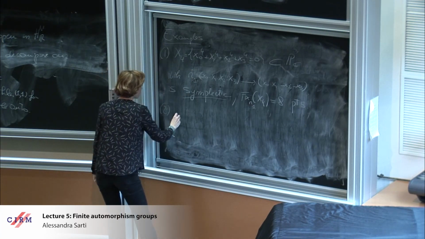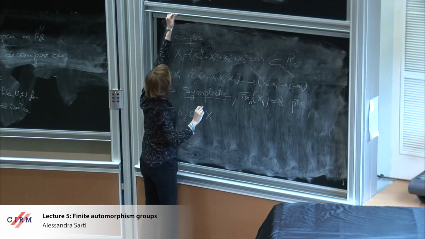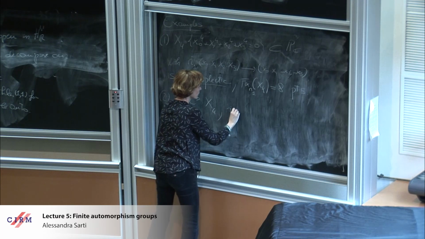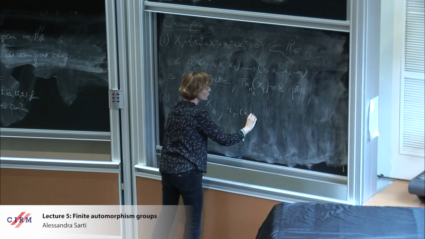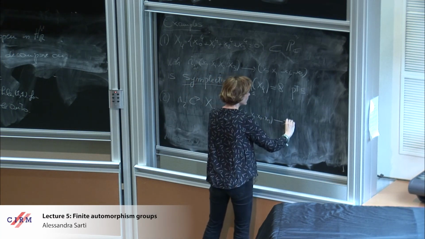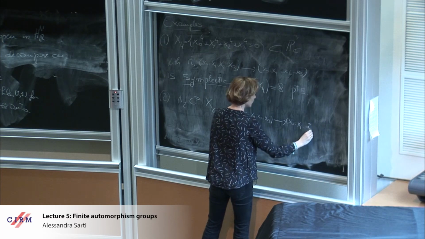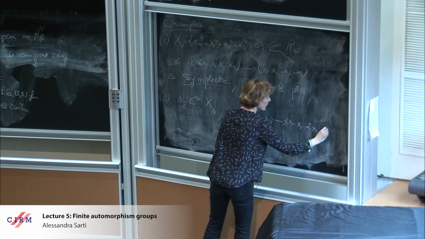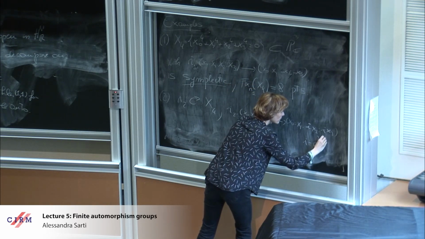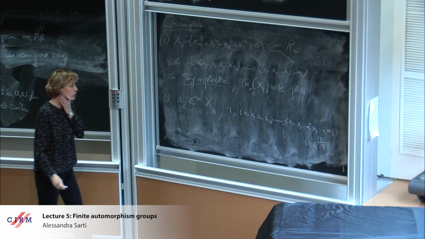Take iota 2, acting always on X4, and iota 2 sends x0, x1, x2, x3 to x0, x1, i x2, i x3, where i you can think of as a fourth root of unity. Then again, do the computation on the two-form.